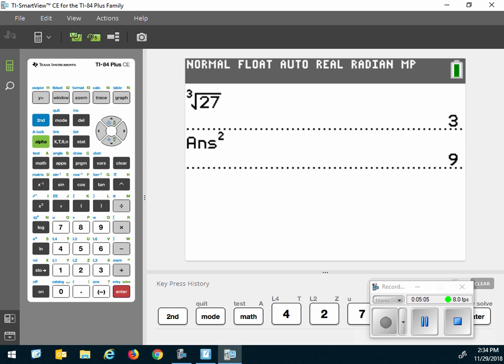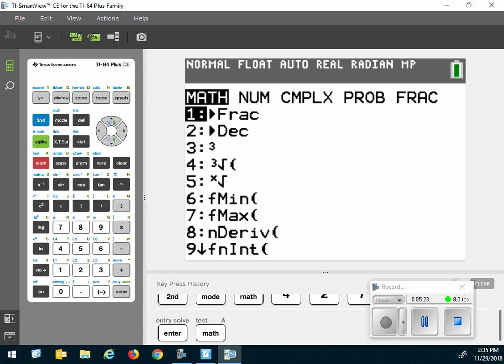Um, what about 256 to the 3/4 power? Now, what's your root? 4. Now, if you go to the math screen, you will not see a fourth root. Look at option 5. Exactly.